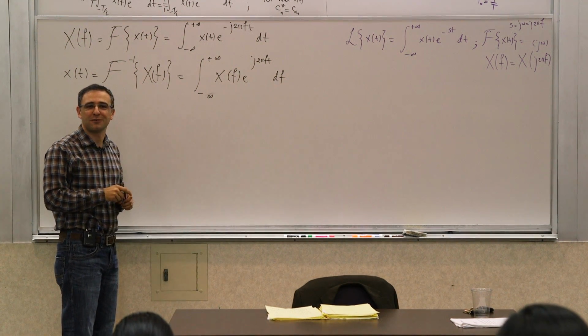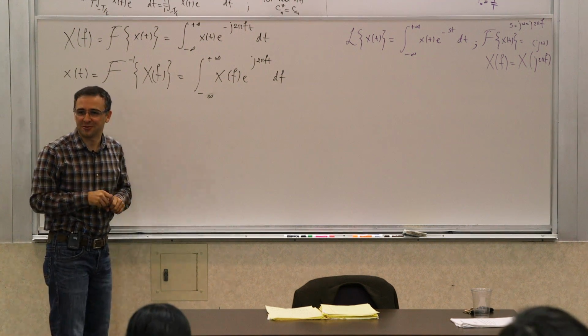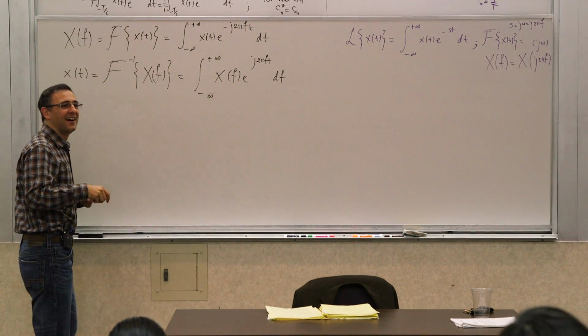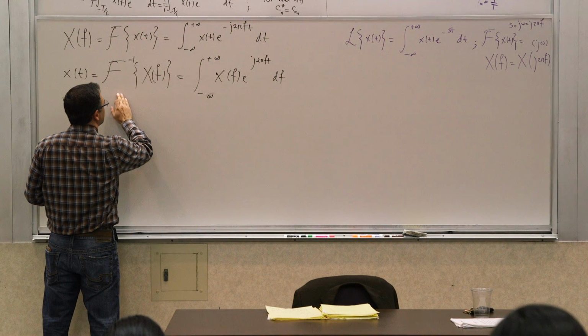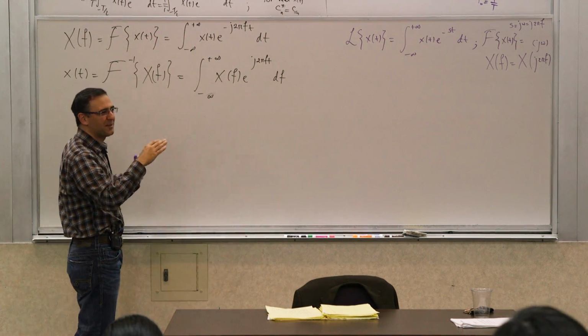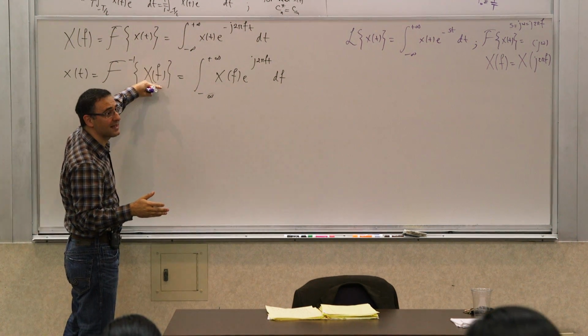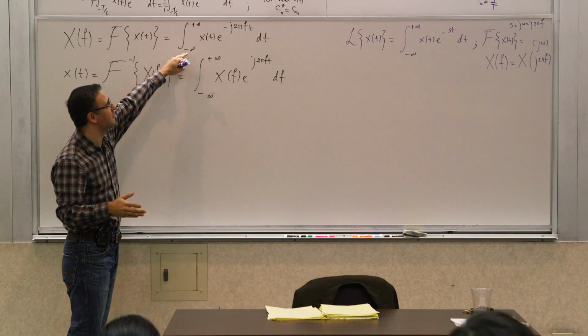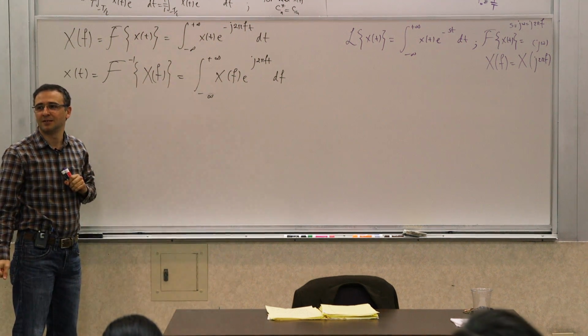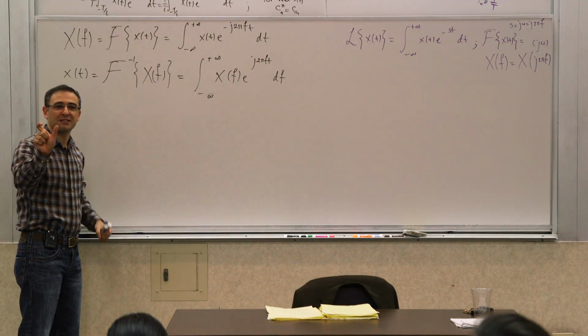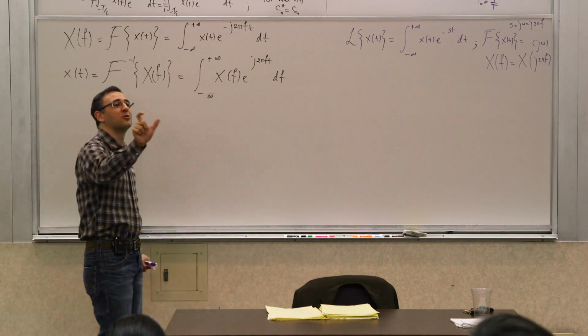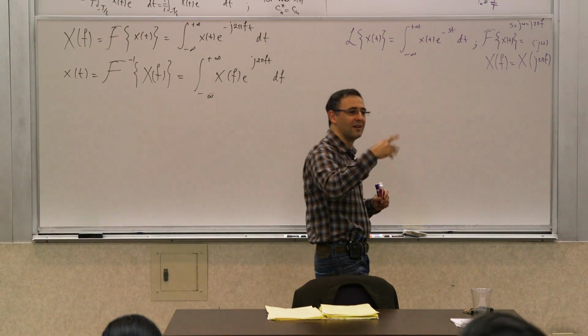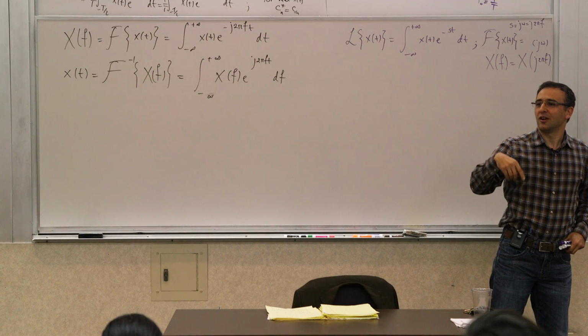It's like the solution for a fourth order equation or something like that. It's possible to find it, but it's not very useful. But the beauty of this is that its inverse is essentially the same function with a minus sign, the same operation. So you could say the Fourier transform is its own inverse, quote unquote, modulo a minus sign.